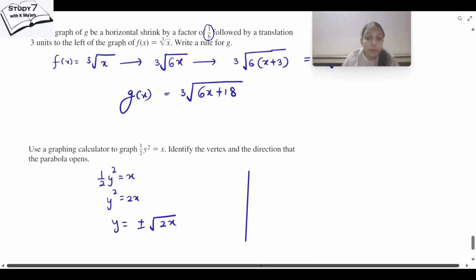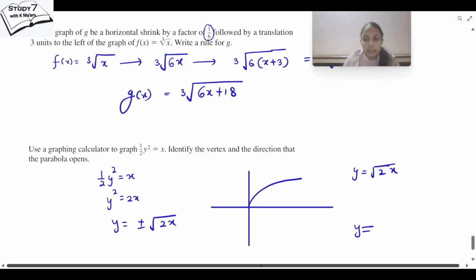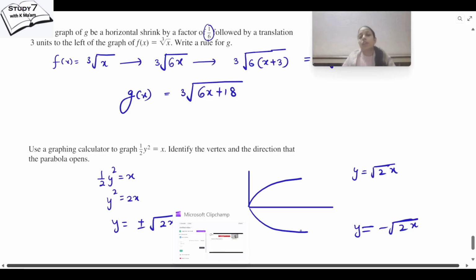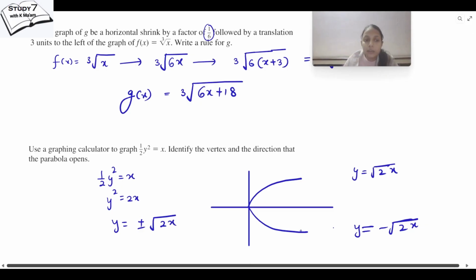It's a square root function. We know what a square root function looks like. If you have a positive square root of x, this is the function here. If you have a negative square root of x, then this is your graph. The overall graph is this: y equals plus or minus the square root of 2x.